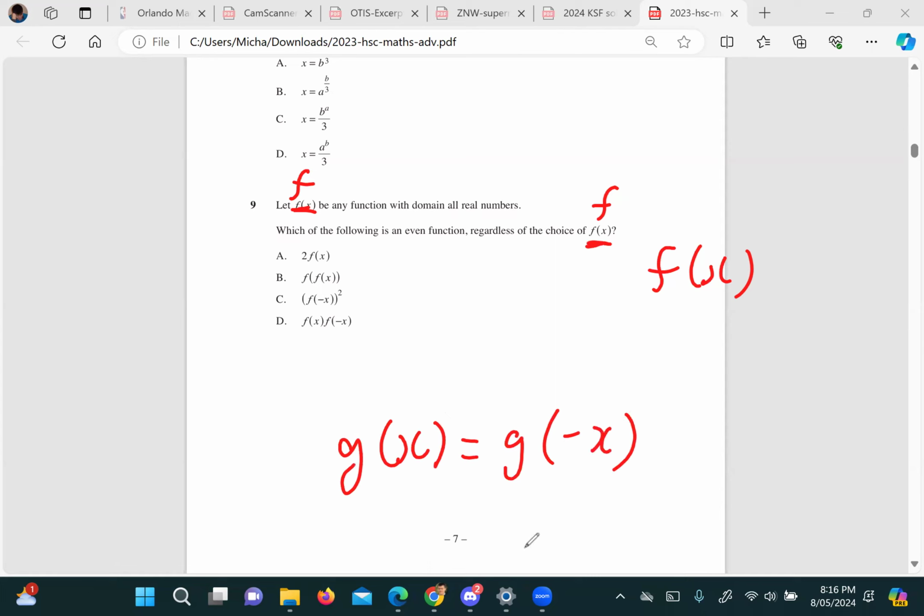And that happens for even powers, so that's why it's called even. If you're squaring minus x, you get x squared. If you square x, you get x squared, right?